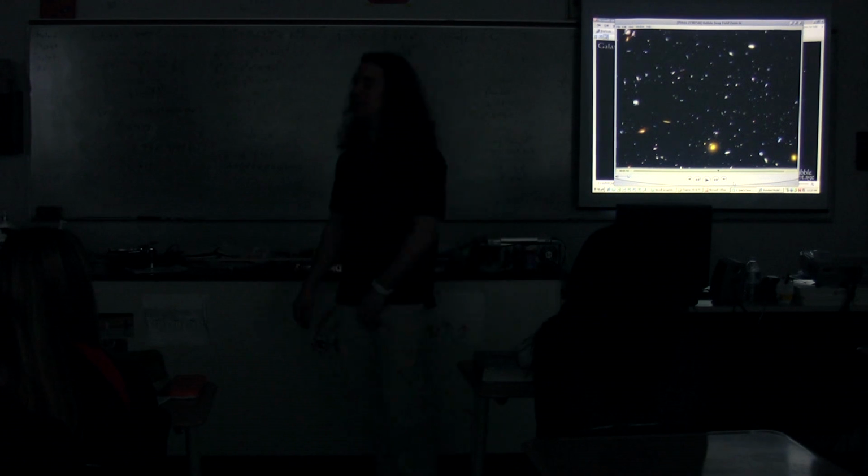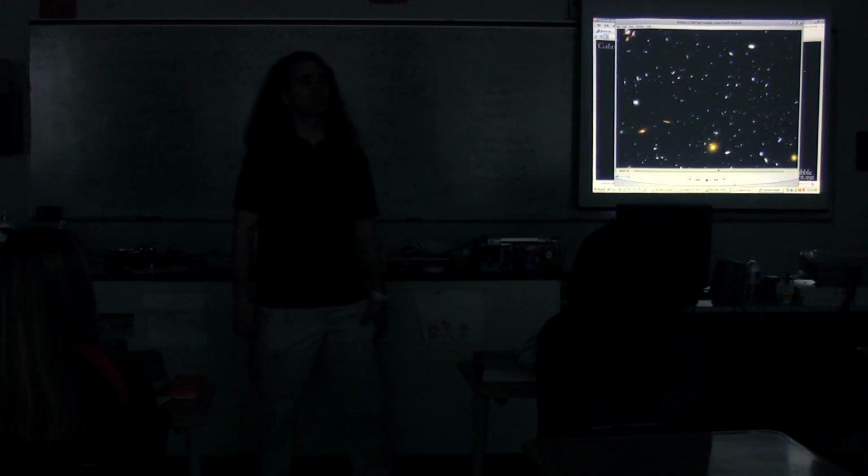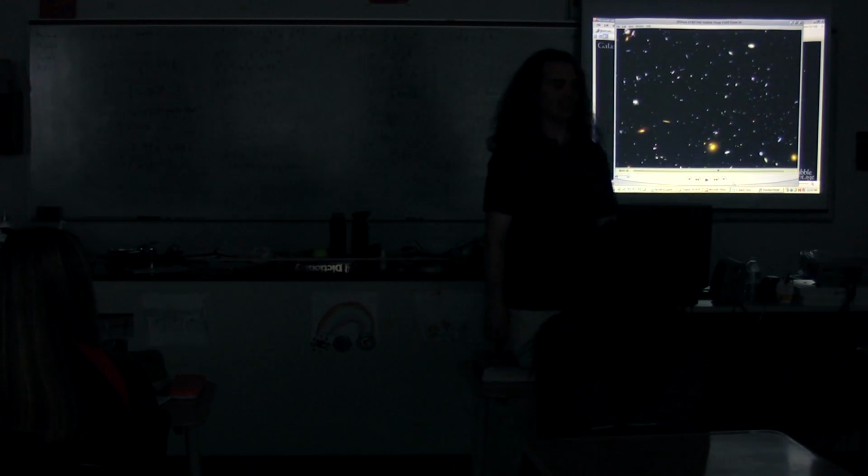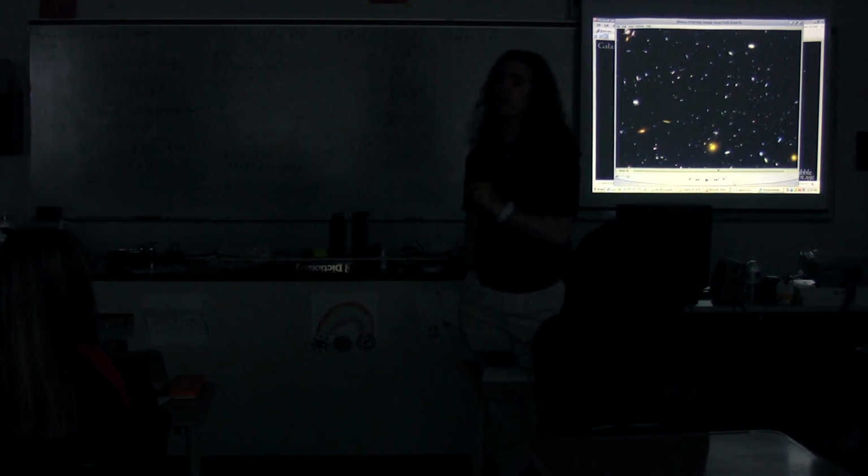Now, the fun thing about this is that these galaxies are actually 13 billion light years away. That means not only that's how far away they are, but that's how long it took the light to get to us.